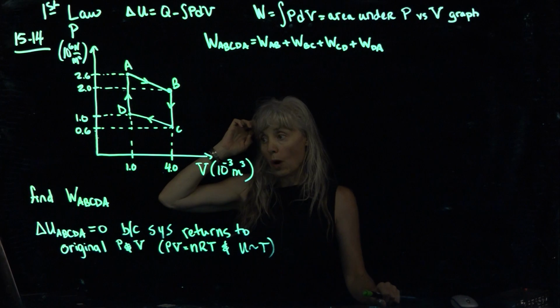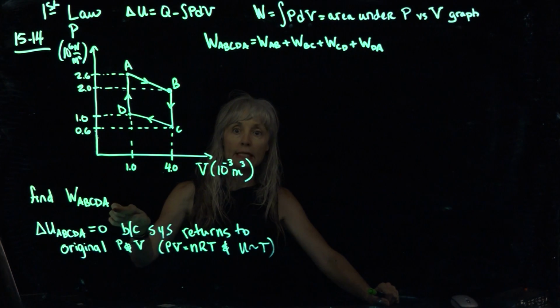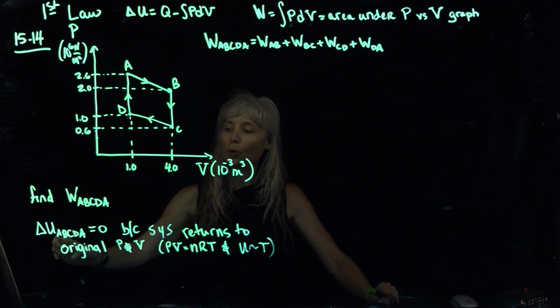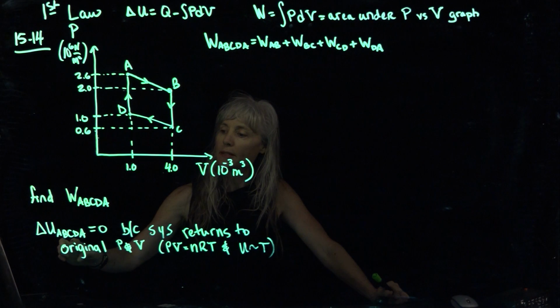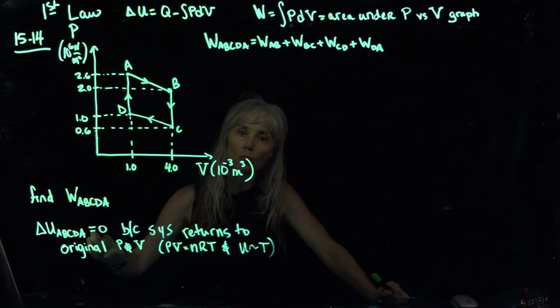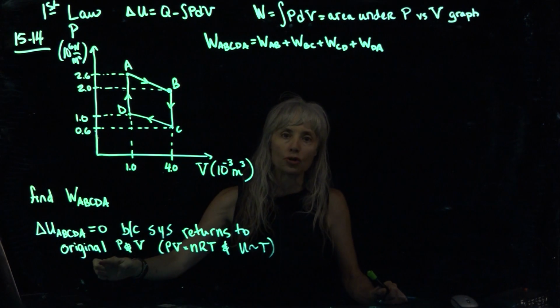Now, what we want to find is the work done A to B to C to D to A. It's important to note that the change in internal energy A to B to C to D to A is 0. Why is that? Because the system returns to the original pressure and volume.